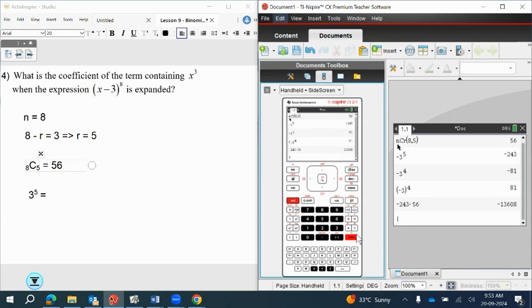So what have we got? This one is -243, and our final answer is -13,608.